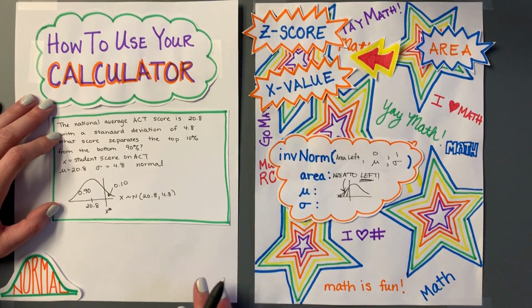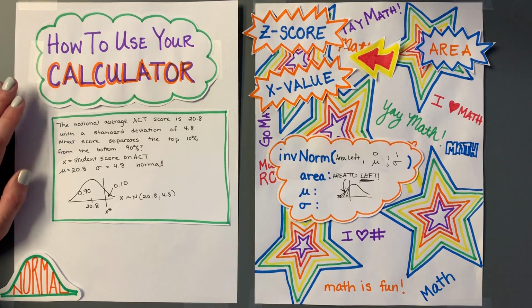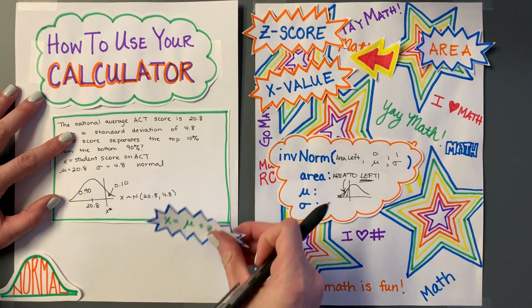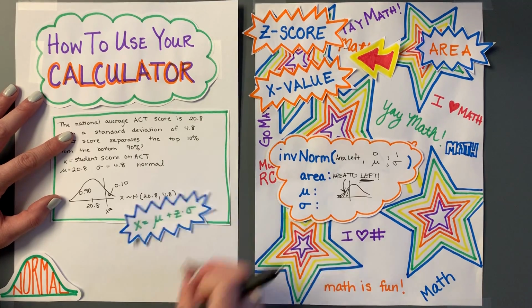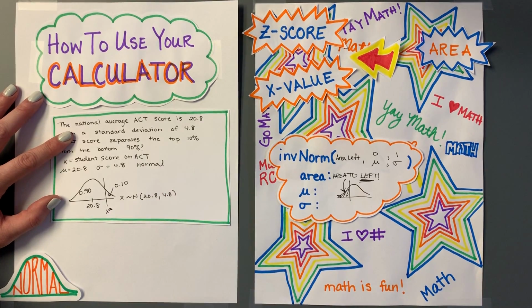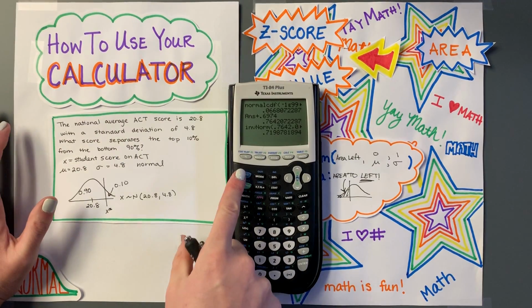So this means I'm going to need to do an inverse norm. If I were to do this using the table, I would need to find the z-score associated with 0.9 and then use this formula. That sounds like more work than I want to do, so I'm just going to use my calculator and the inverse norm button.